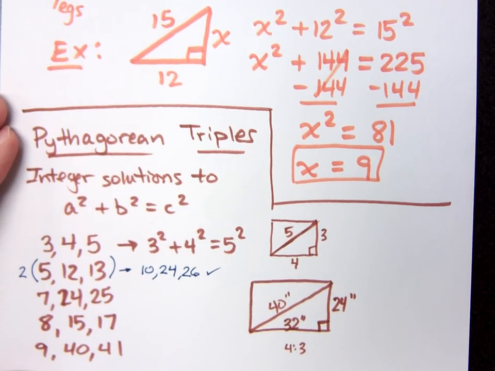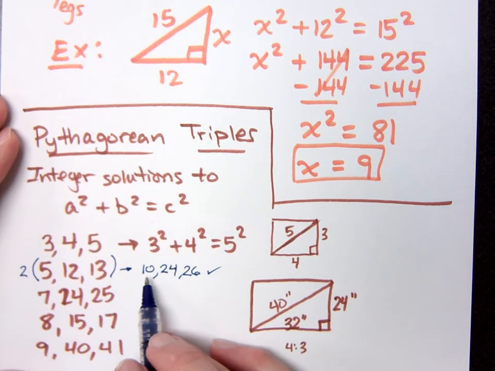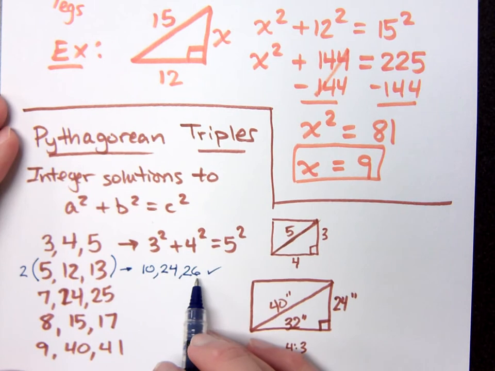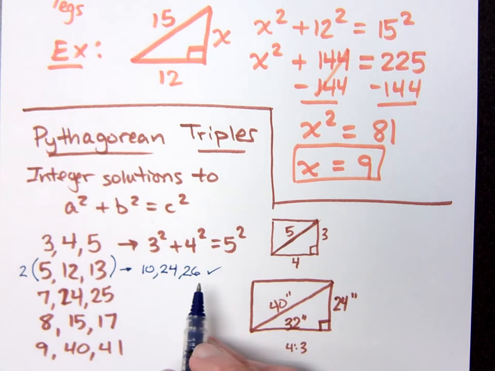As long as the sides are in the ratio 5 to 12 to 13. If the sides are in a ratio of 10 to 24 to 26, these all have a common factor of what? 2, and so it reduces to the ratio of 5, 12, 13.